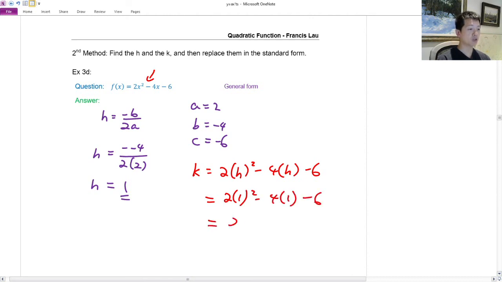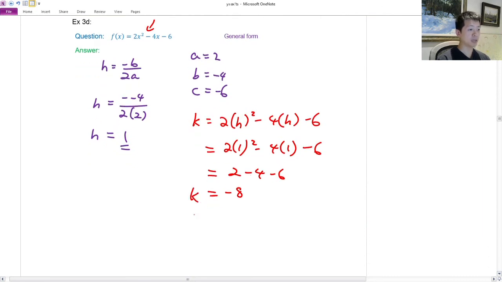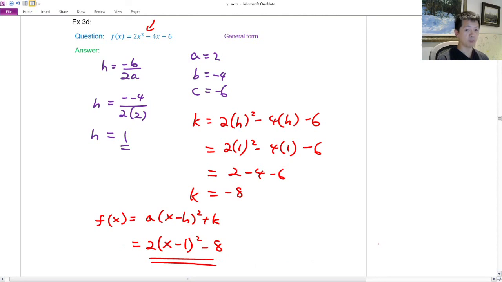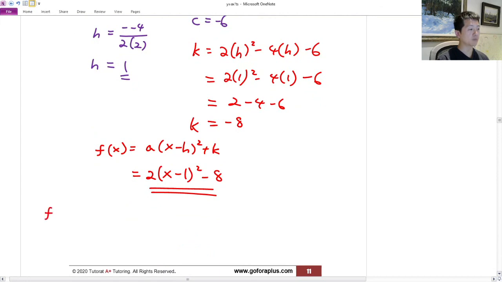This is going to give me 2 minus 4 minus 6, which is minus 8. Okay, I have my k equal to minus 8 now. All I need to do is put it in the equation. Now I know my a is actually the same, so that's 2. My h is going to be 1, so 2 times x minus 1 squared minus 8. So this is actually my standard form, right?